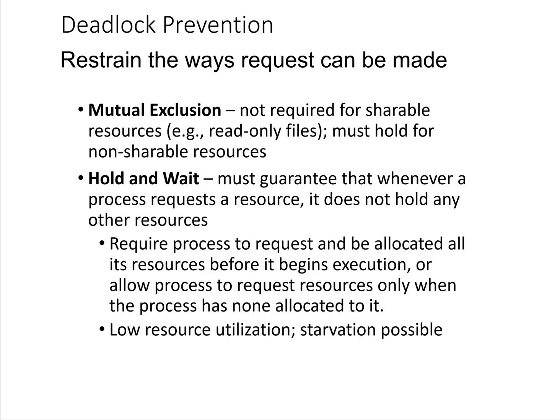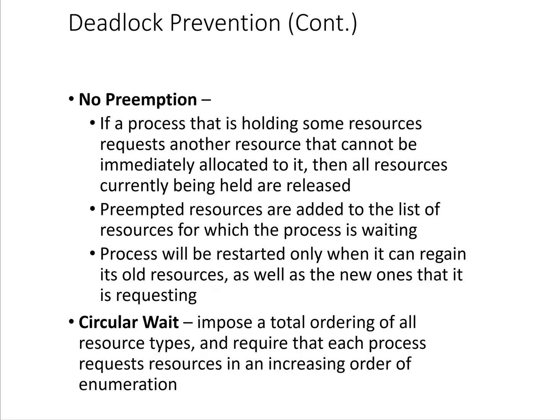This requires a process to request and be allocated all its resources before it begins execution, or allow a process to request resources only when it has none allocated to it. Both scenarios are rather unlikely, and this can lead to very low resource utilization, which can lead to starvation instead of deadlock.